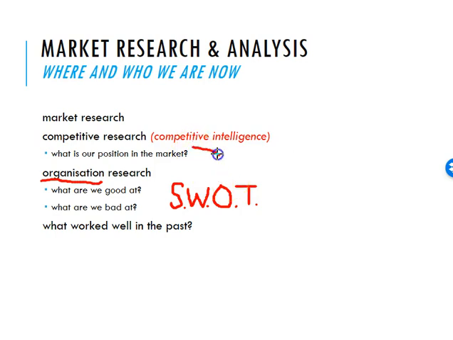So we might see some of our competition end up in the T box, for example, the threat of a SWOT analysis. And then looking back at what worked well in the past, is understanding what the organization has done, what the industry has done, what technology has done, and kind of putting it all together to analyze what our next steps are going to be as a business.